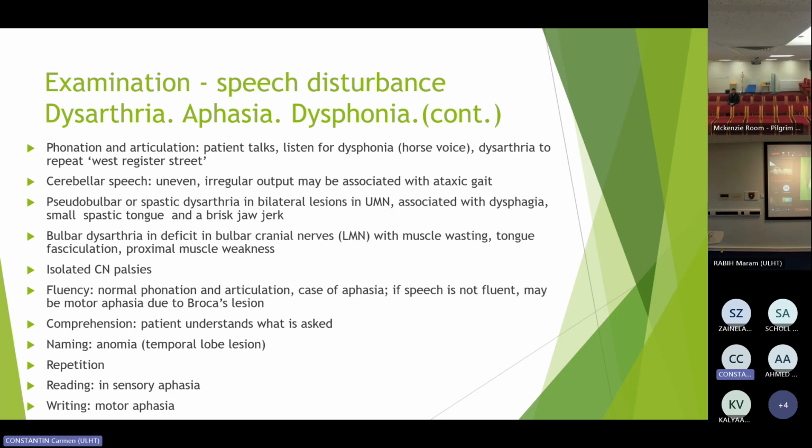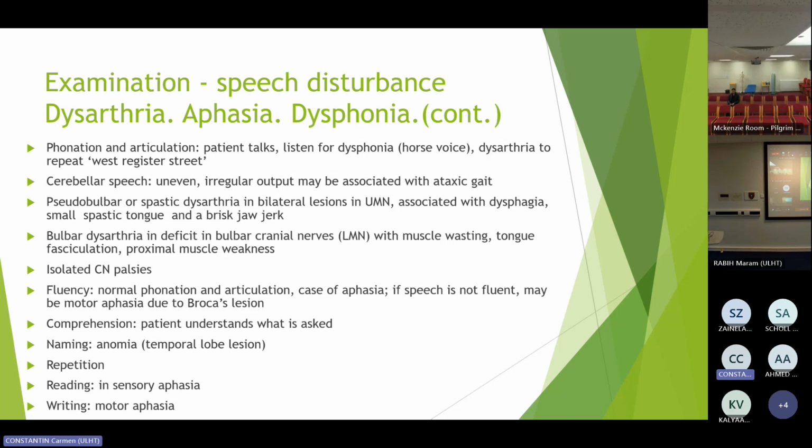Cerebellar speech is very typical because we have an uneven, irregular output, but generally it is not on its own, so it's associated with other cerebellar signs. Generally, we should have some ataxic gait. Pseudobulbar or spastic dysarthria in bilateral upper motor neuron lesions is associated with changes of swallowing, so dysphagia, a bit of spasticity, a small spastic tongue, and brisk jaw jerk.